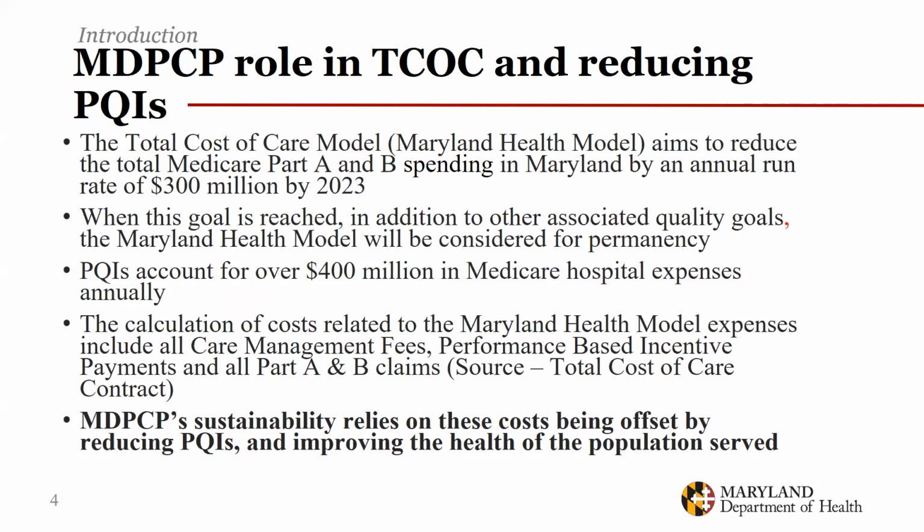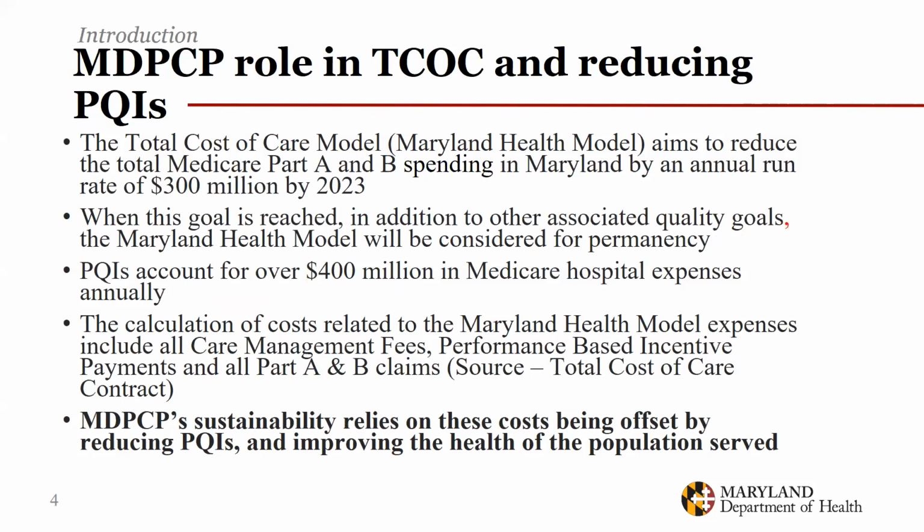Our presumption is when that goal is reached, in addition to other associated quality goals and things that we've committed to doing with our federal partners, that this model that we're in now will become the permanent way we deliver and pay for health care in the state of Maryland.